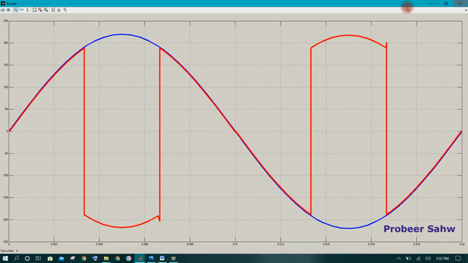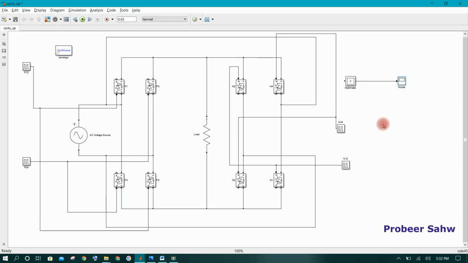But in this model we want to make a change, because whenever we want to obtain output for different values of n, that is, if we want to obtain output for 2 times the supply frequency, 3 times, or 4 times the supply frequency, we have to change the parameters of each pulse generator every time.